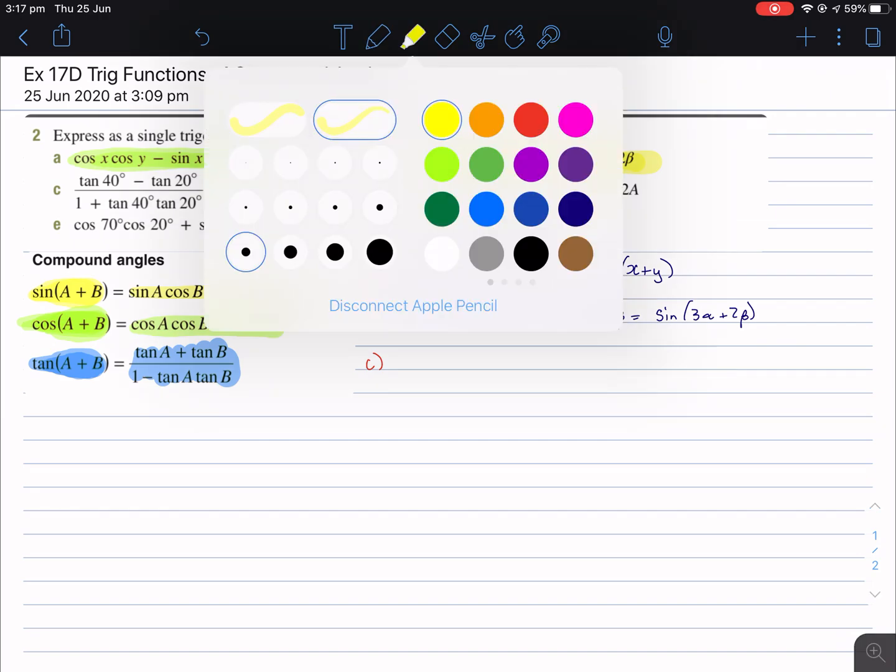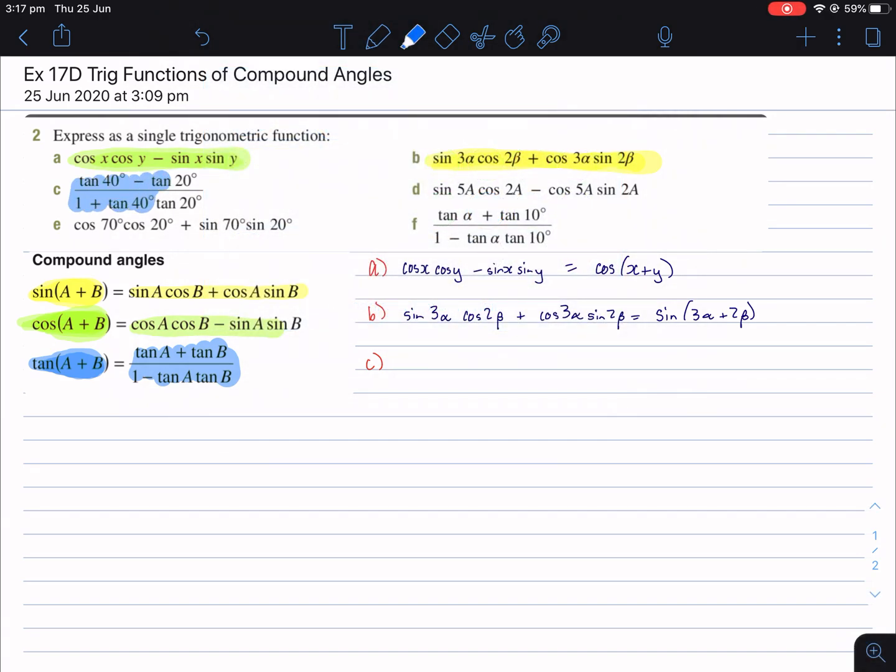C, well, that's definitely looking like a blue one. So I reckon the angles we have, tan 40 take tan 20. Oh, this is interesting. I reckon we've got tan 40 plus negative tan 20 over 1 plus tan 40 times negative tan 20.